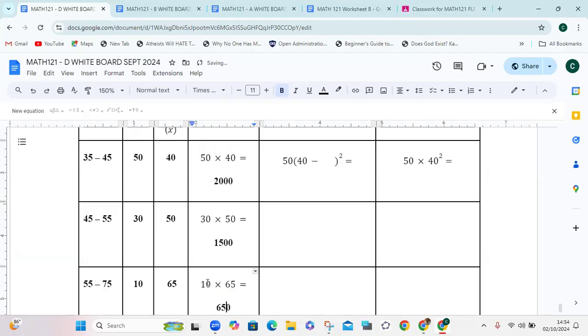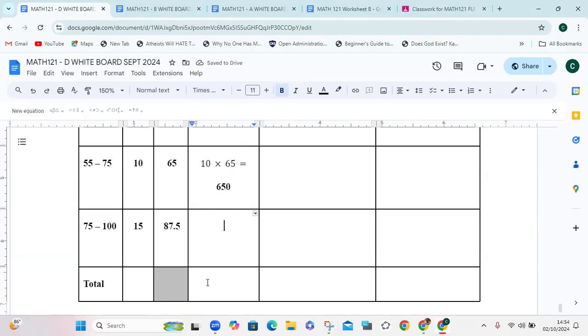That's 650. And then we've got to find 15 times 87.5. So that'll give us 1,312.5. And now we have found the fx's.